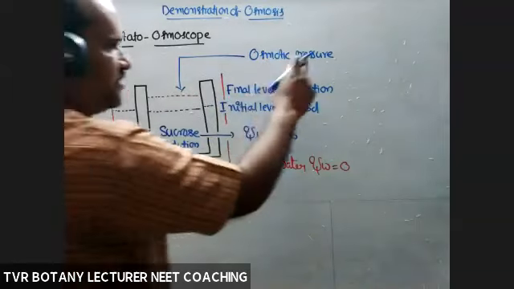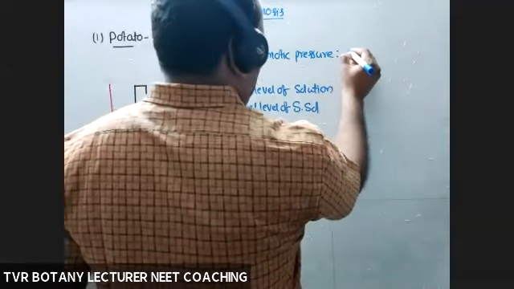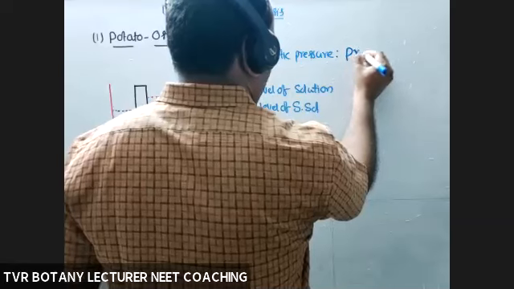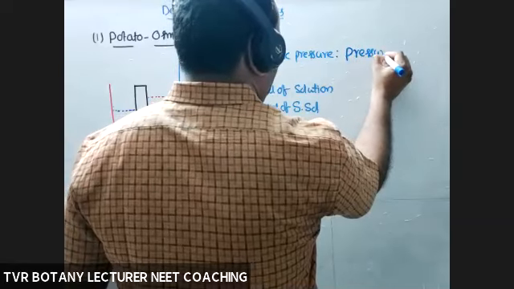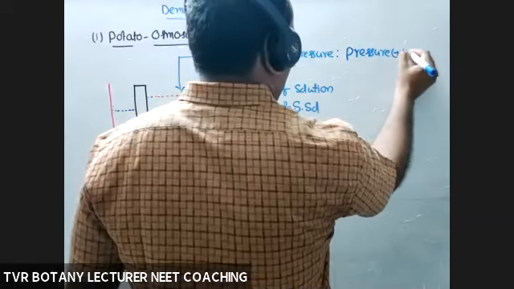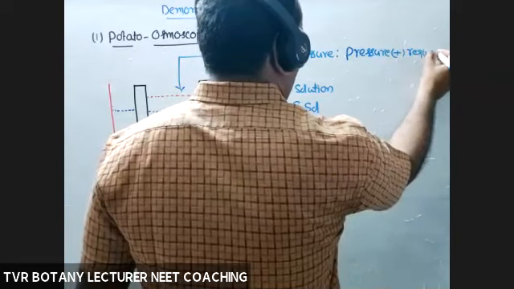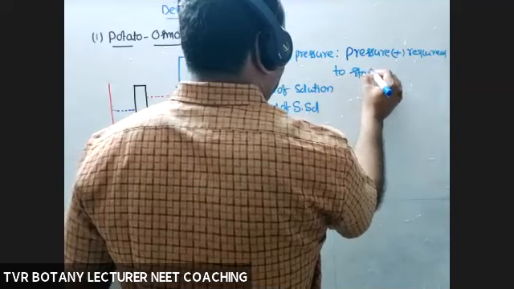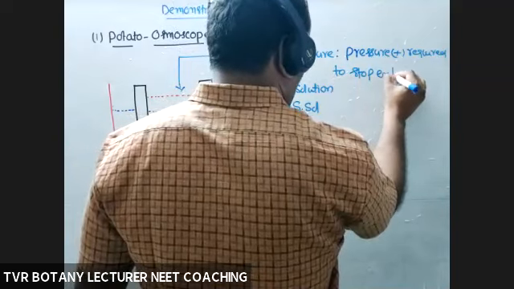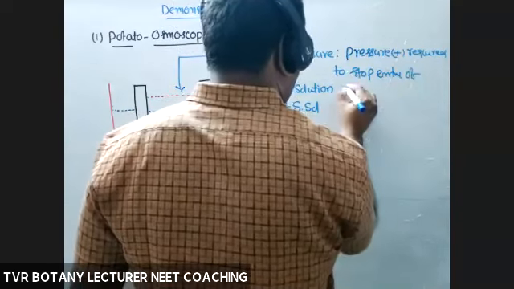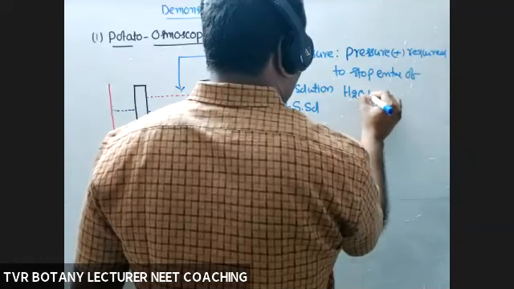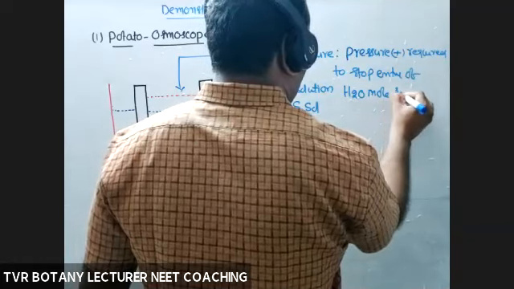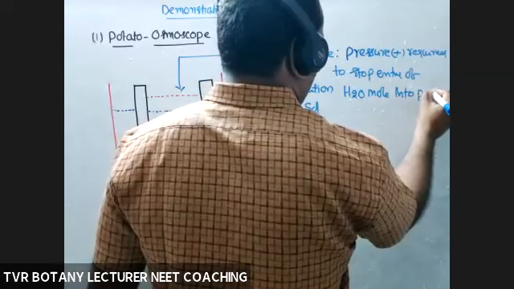Here, the definition for osmotic pressure is positive pressure required to stop entry of water molecules into potato.